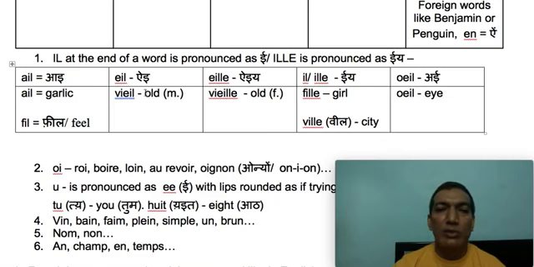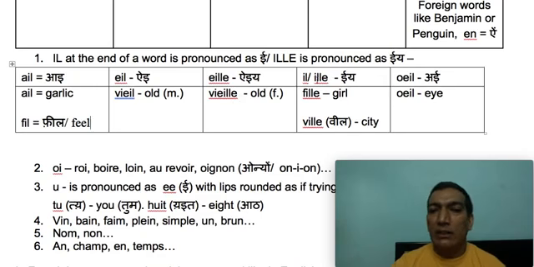VI, okay, which means old, for any masculine man or whatever is masculine. And the second sound aille, I deux L E, aille, vi aille. Okay, so it becomes feminine here. So whenever you want to call a lady, an old lady for example, anything feminine, you will write vi aille. So vi and vi aille.